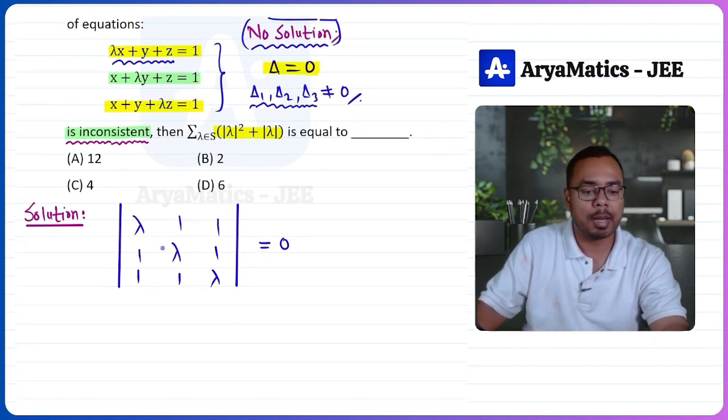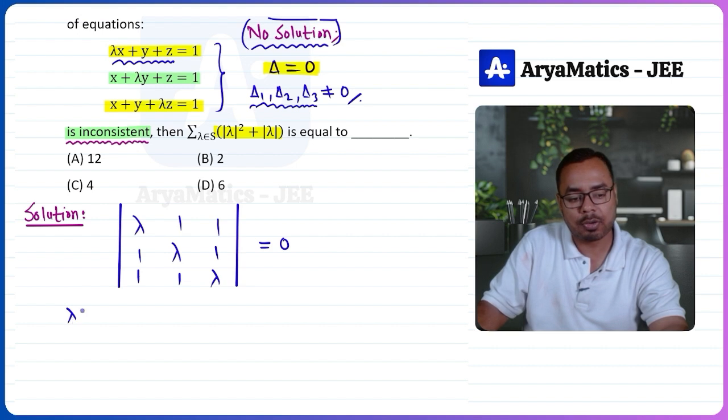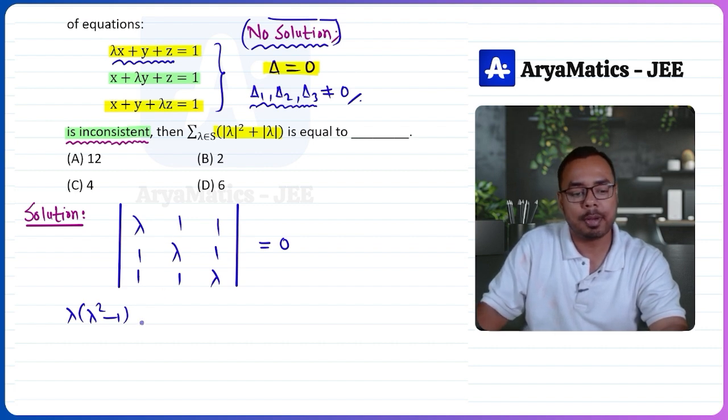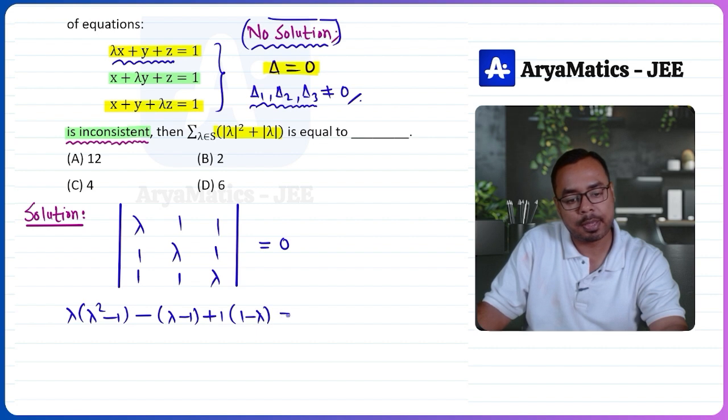So if I expand this determinant along the first row, we get lambda into lambda square minus 1, minus 1 into lambda minus 1, plus 1 into 1 minus lambda, and this must be 0. Lambda minus 1 can be taken common from all of these.